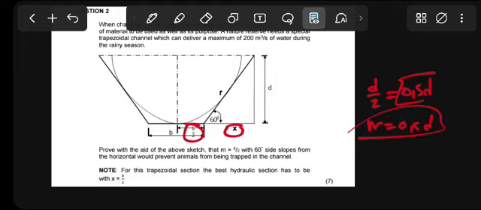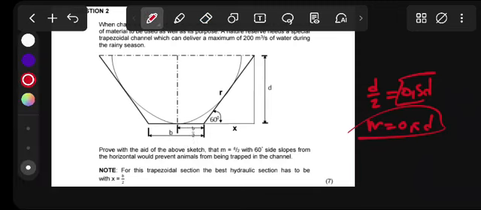What is that X? You must know the structure by heart. X there will be B over tan theta. You're supposed to know that, guys.